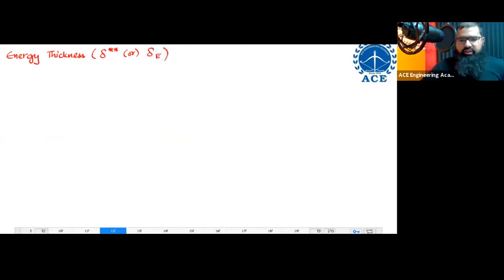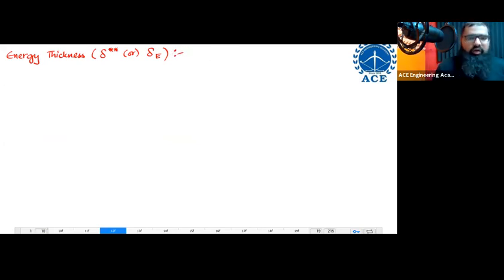Now the next topic we are having, last topic in thickness, is energy thickness. This energy thickness is given by delta double star, or some books also use delta E for energy thickness.